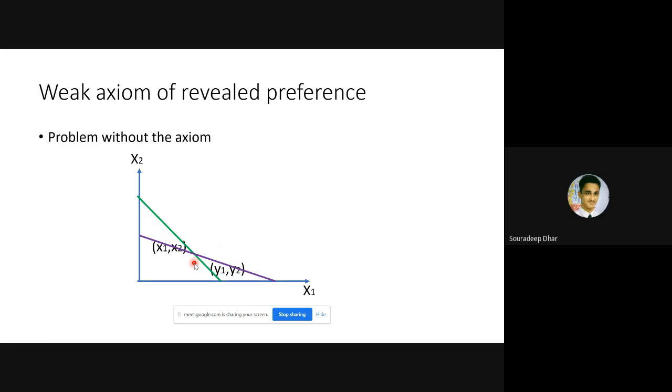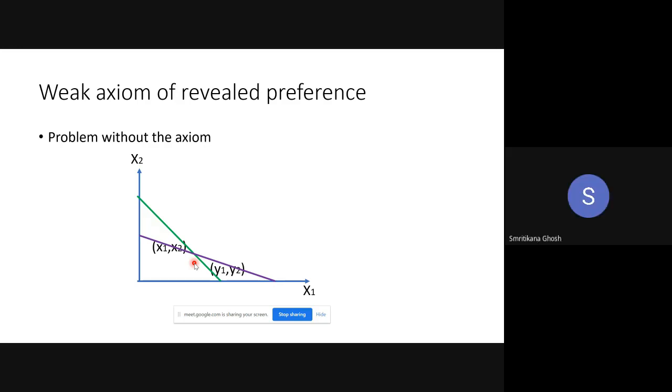So if the consumer was initially consuming at X1, Y1, and now the budget line changes, from the previous slide we came to know that the consumer would always prefer higher bundles, X1, X2. He would obviously move in an upward direction rather than going to a downward direction where he chooses Y1, Y2.